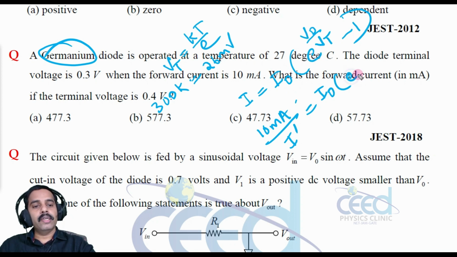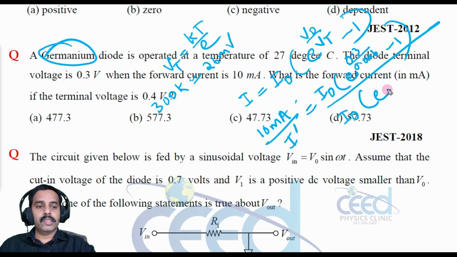It is e raised to Vd. What is Vd? Vd is 0.3 volt in the first case, that is 0.3 divided by 26 millivolt. The thermal voltage Vt is equal to 26 millivolt, that is 0.026, minus 1. For I dash it is equal to I0 into e raised to the forward voltage, which is 0.4 volt, and again we use the same thermal voltage because we are using the same material, minus 1.